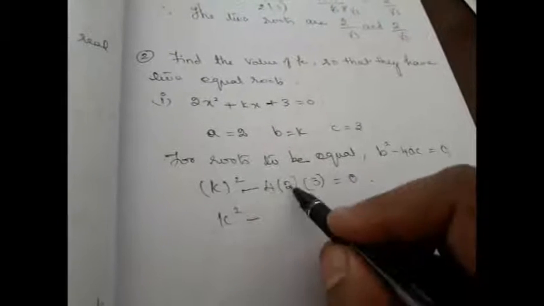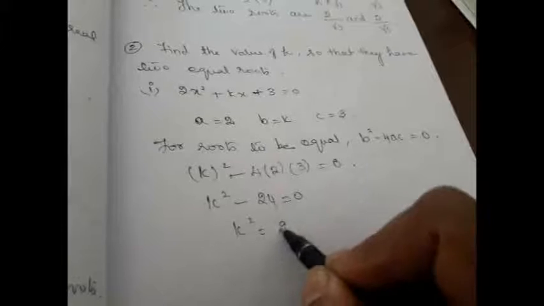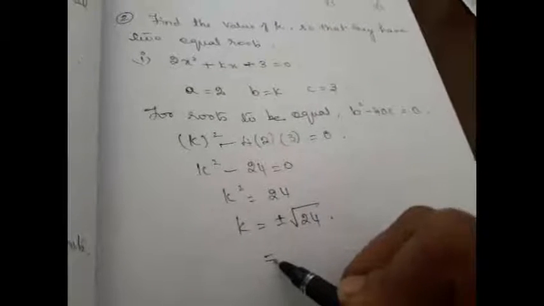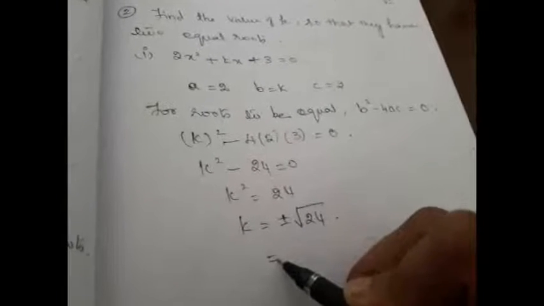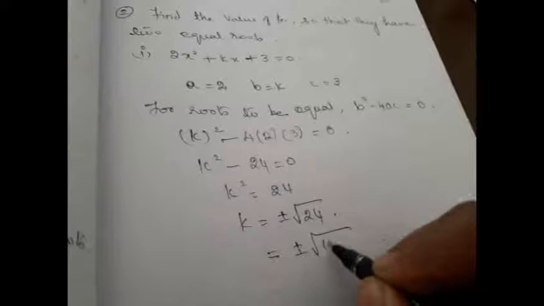What is the value of c? 3. Equated to 0. So k square minus 4 2s are 8, 8 3s are 24 equal to 0. So k square equal to 24. So k equal to plus or minus square root of 24. What is square root of 24? 24 can be written as 4 6s are 24. 4 is a perfect square.